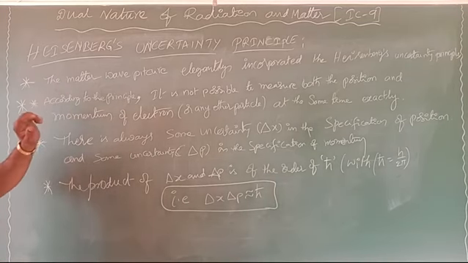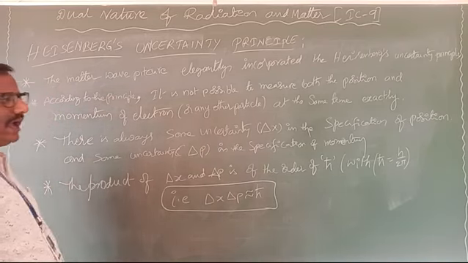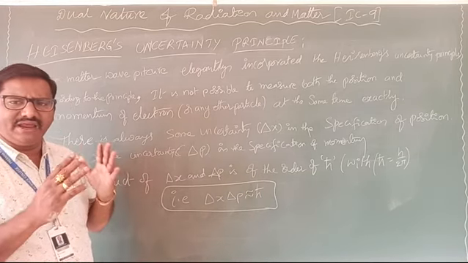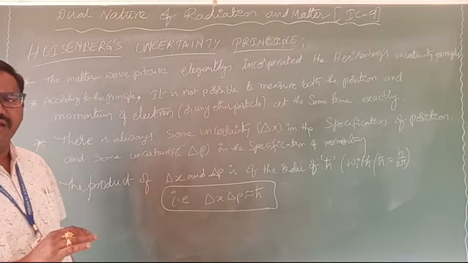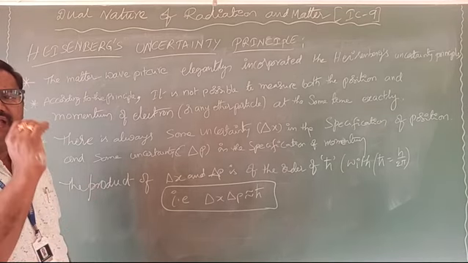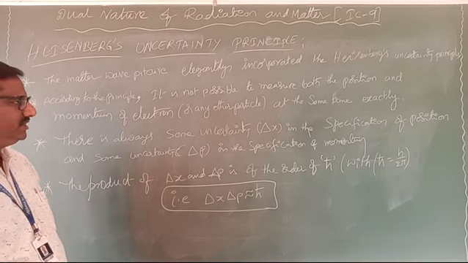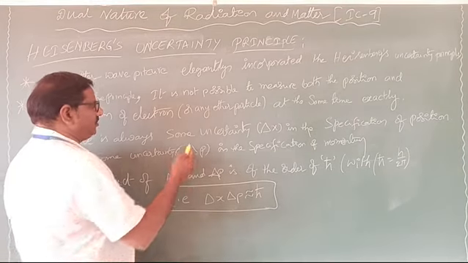According to Heisenberg's uncertainty principle, what can we write? At the same time, we cannot measure both the position and the momentum. We cannot measure it.